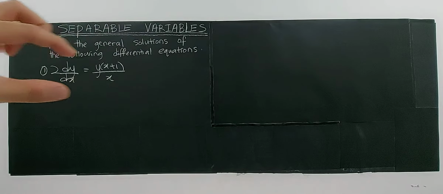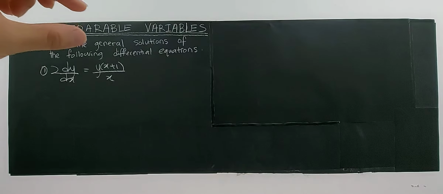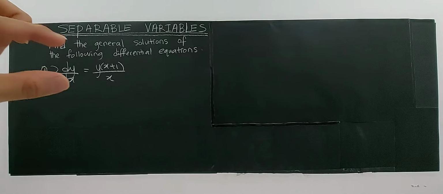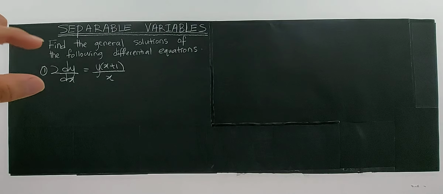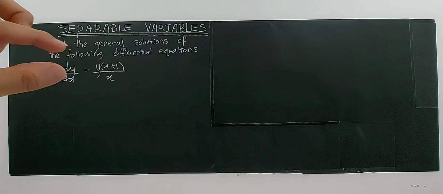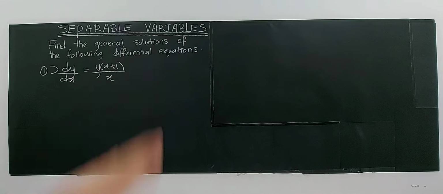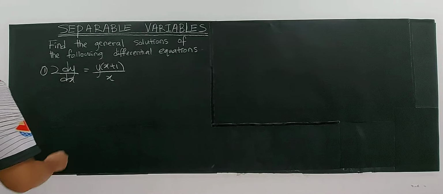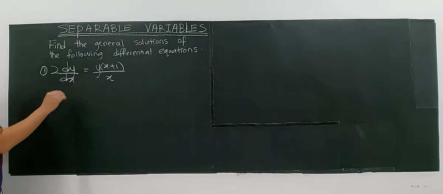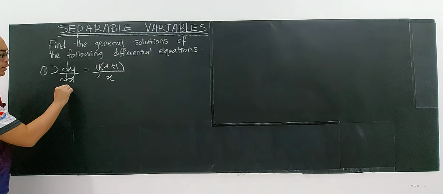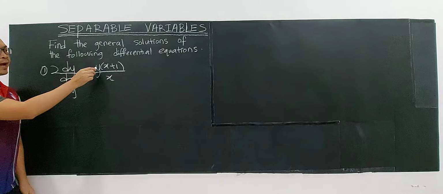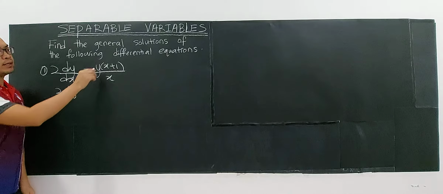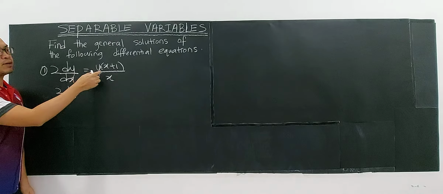So how? As you see, we talk about separable variables. So you look at this differential equation here. You can see that we actually can separate the y into one side and the x into one side. So let's see what I mean. I can divide both sides by y, as this represents multiplication.